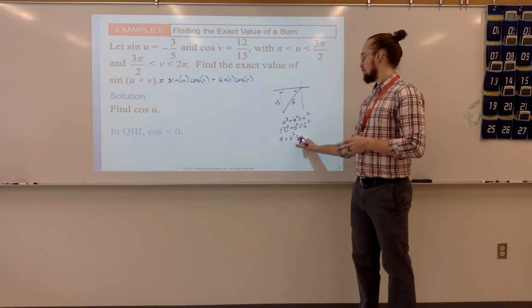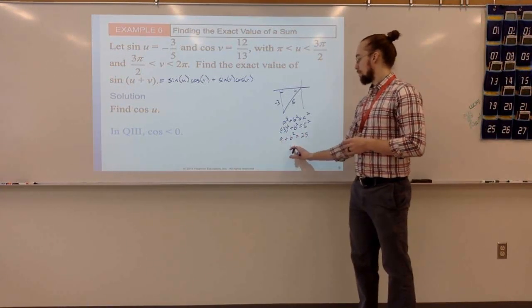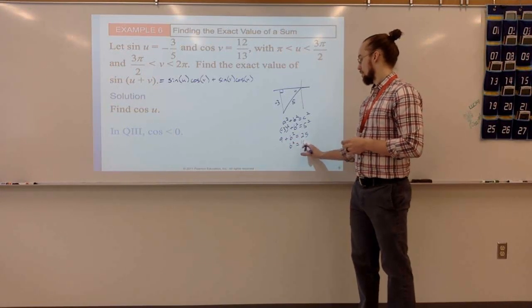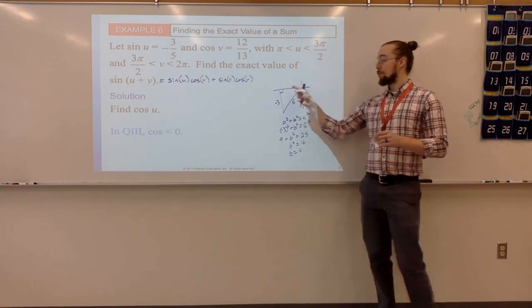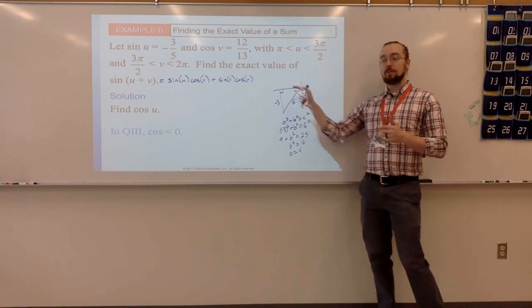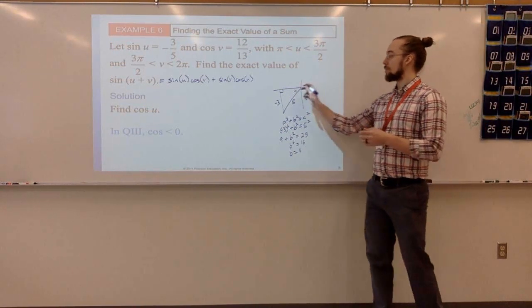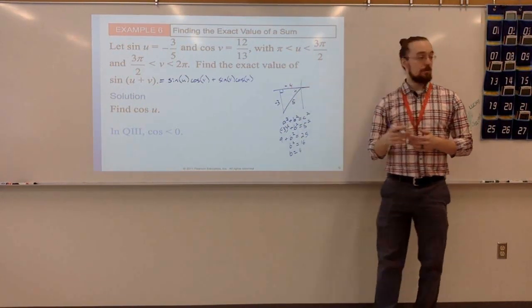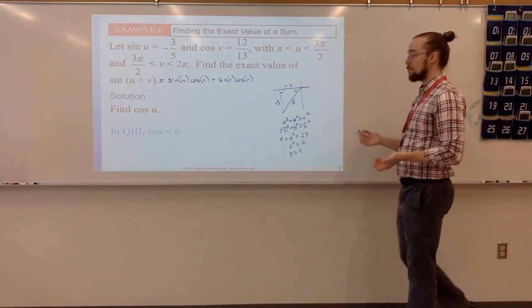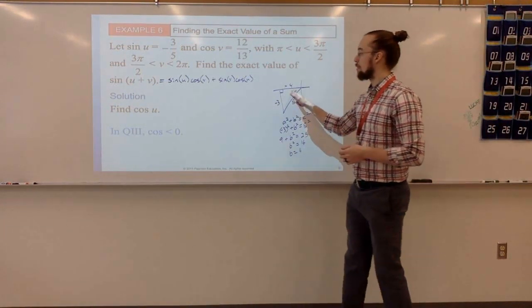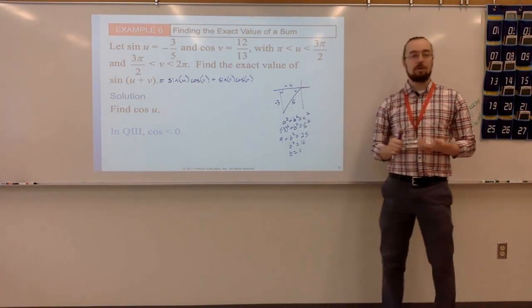When we solve this, we'll end up getting that b is equal to 4. However, since this is in the third quadrant, this is a negative x value. So this is really -4 here. So the cosine of u then will be -4 over 5.